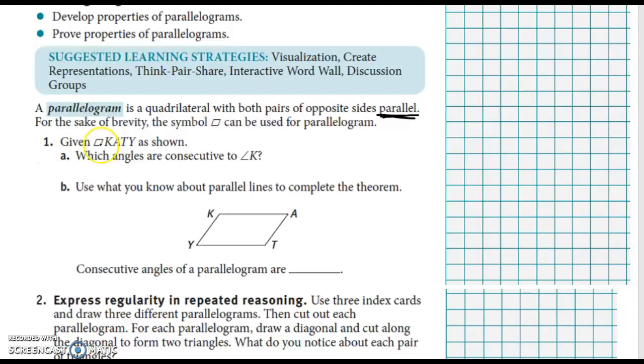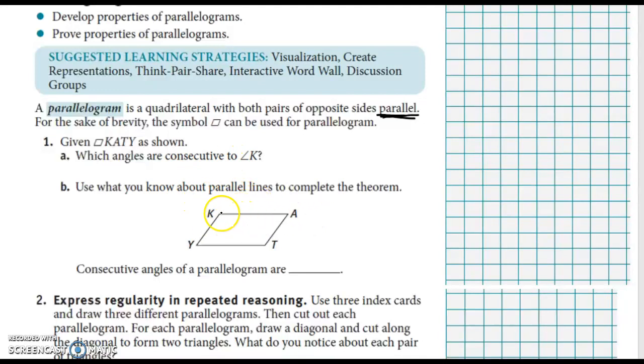Number 1 says, given parallelogram Katy, K-A-T-Y, as shown, A, which angles are consecutive to angle K? Now we've already learned what this word consecutive means. Consecutive, or another word maybe next to, if you want to say that.